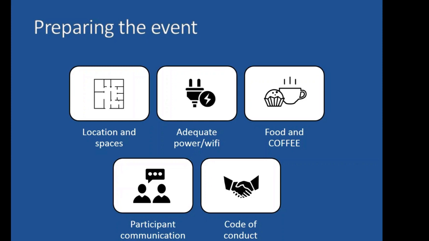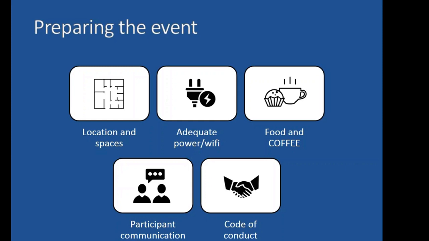But it is also nice to have a space where the whole group can come back together. As I'll talk about in a minute when I show an example schedule, it's nice to have a time when the groups can come together and present what they've done so far in an ongoing fashion. And so having a space that can accommodate the whole group is also very useful.